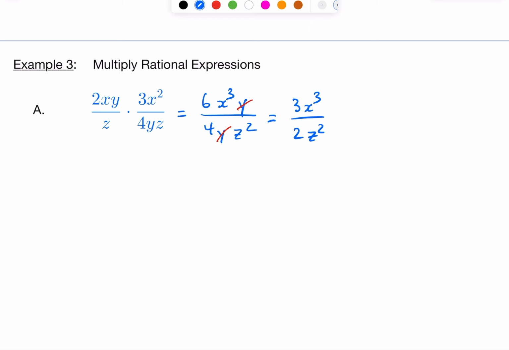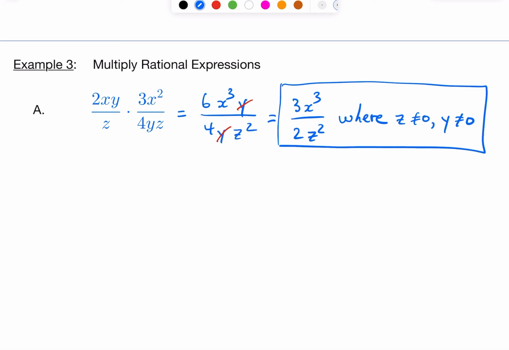And then we just need to specify the domain where, well, what values can the denominator not be? Well, z cannot be 0 and y cannot be 0. So where z does not equal 0 and y does not equal 0. Okay, so that is our answer for this expression.